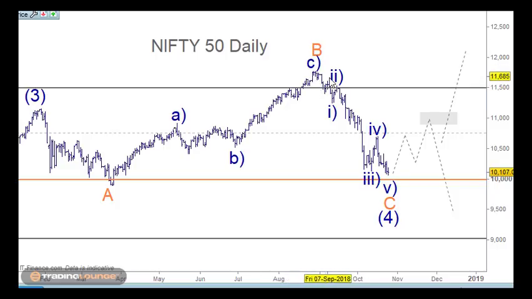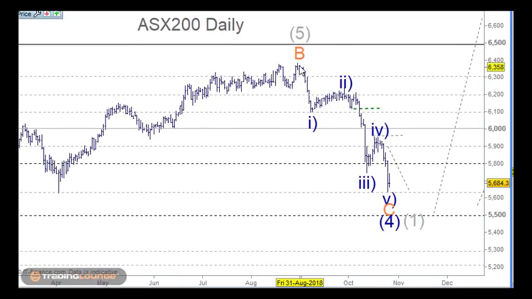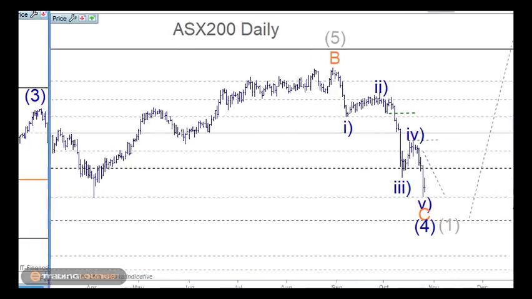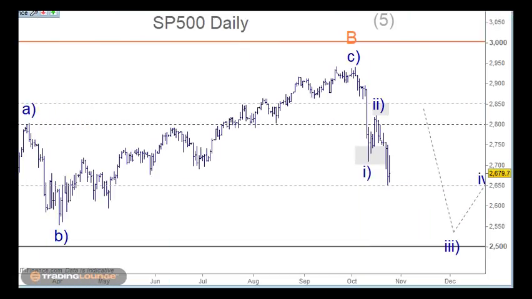But one of the main points I wanted to look at is that we've also got 5 waves coming down for the Nifty, and this is the same for Australia as well, which also had the August high up here roughly, and the same for India. All of these markets seem to have 5 waves down. It's just that Asia led it down first. So we're quite close to lows being in place for these markets, and as I mentioned, India's the same, and we're also expecting a bounce from China as well and Hong Kong.